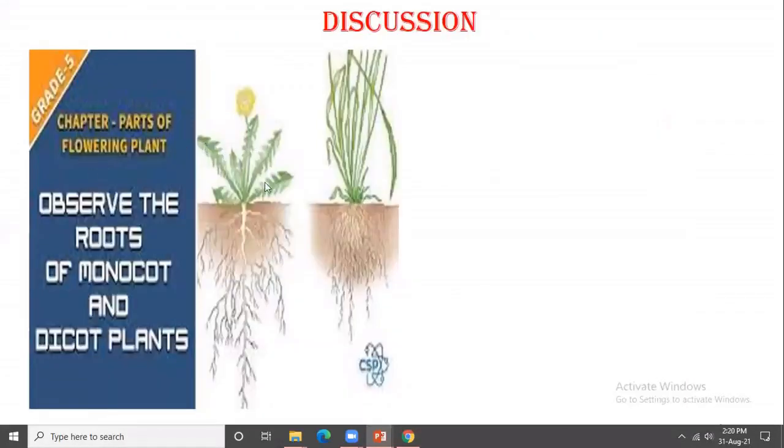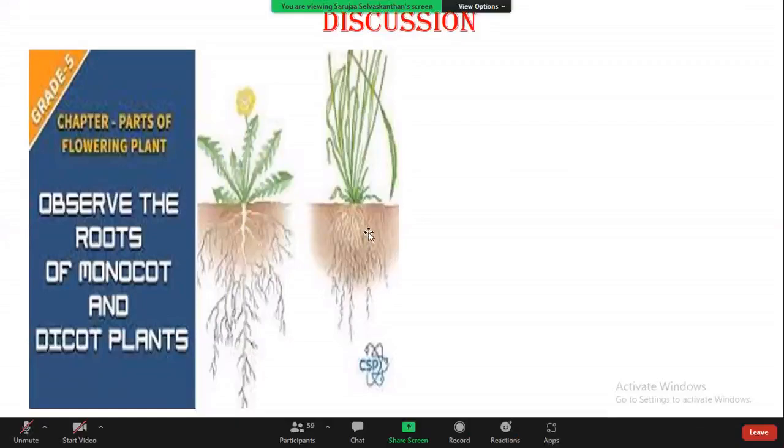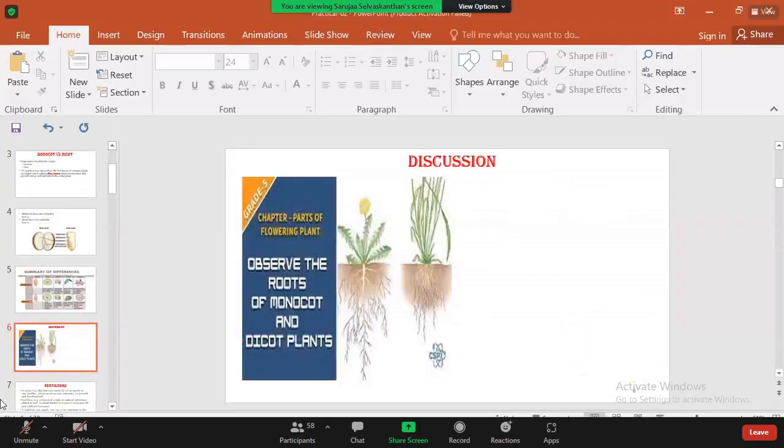Okay, can you identify which one is monocot? Which one is dicot? First one dicot. Second one monocot. Okay, this is the root system. What root is this? Fibrous root. You want to write this in the discussion part also.